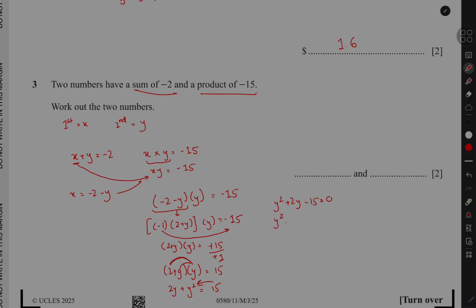So y squared plus 2y, now we have the number 15 over here. We can just list out its factors.